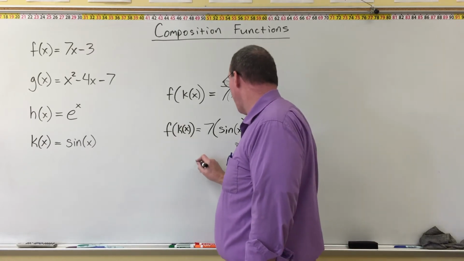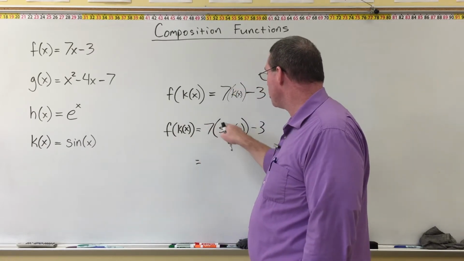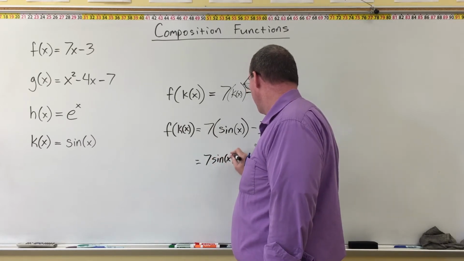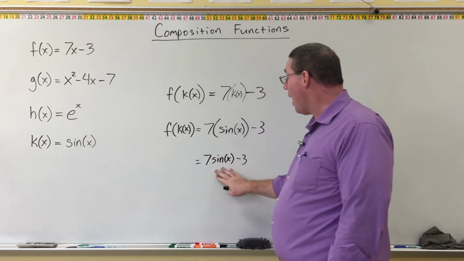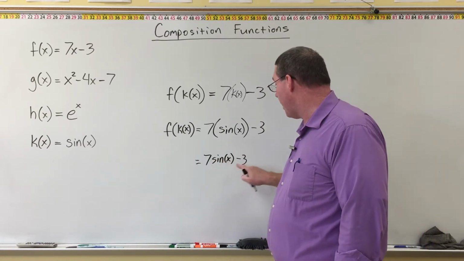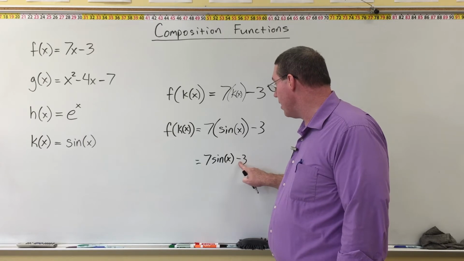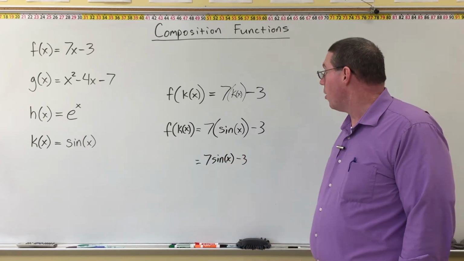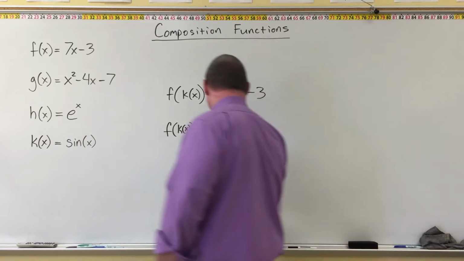You can also write it as, since there's no distribution necessary, 7 sine of x minus 3, which now you may recognize as a sine function that has a vertical shift of -3 and an amplitude of 7, right?